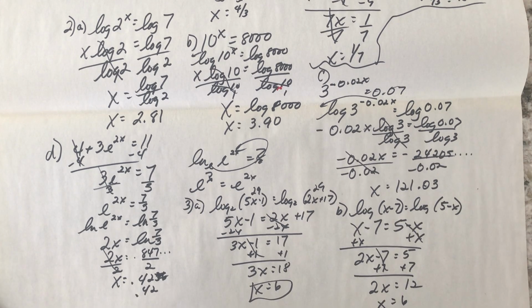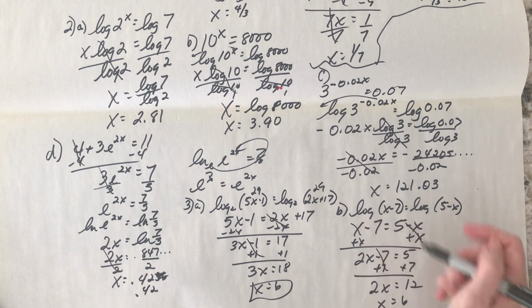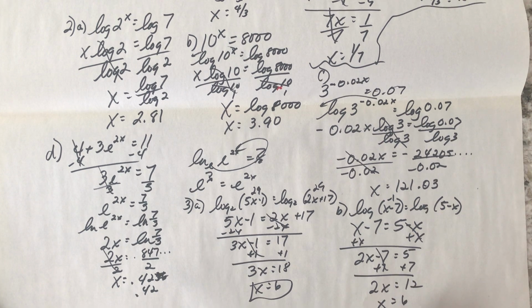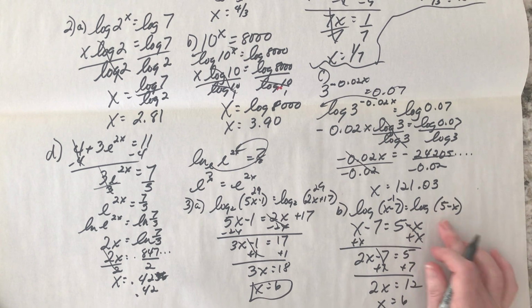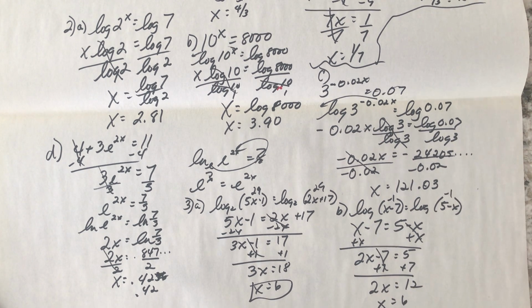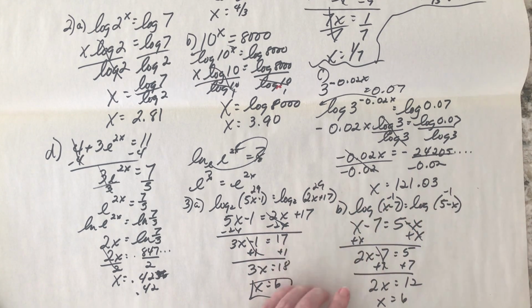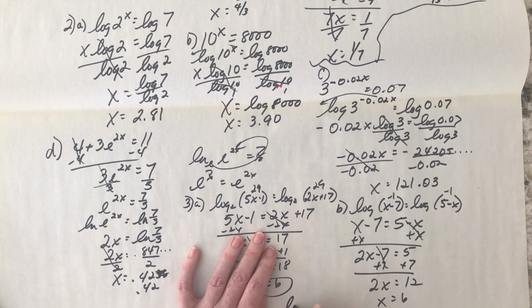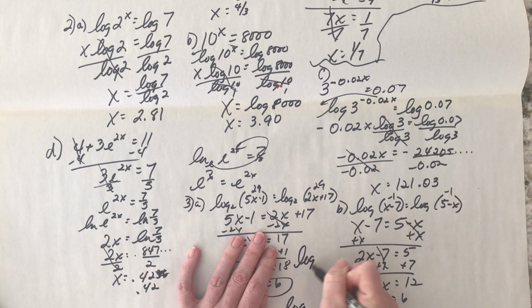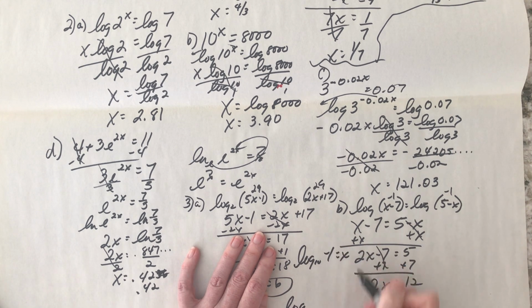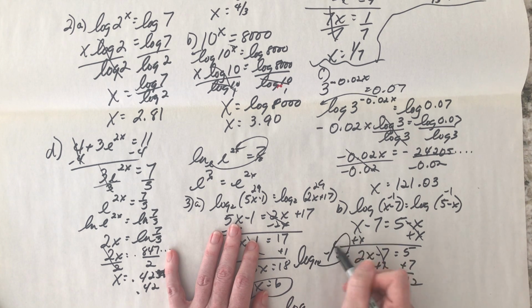Can you still see that? Yeah, you can. Good. Let's plug it in. 6 minus 7 gives you a negative 1. That's a problem. Same thing over here. 5 minus 6 gives you a negative 1. So it kind of looks like it works. Common log of negative 1, common log of negative 1. But that's saying log base 10 of negative 1 equals x. It's saying 10 to what power will give you a negative 1.